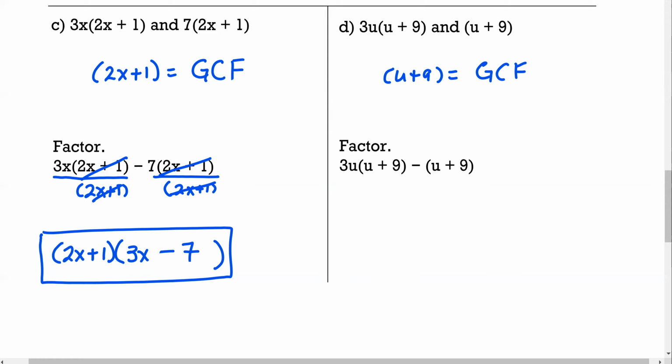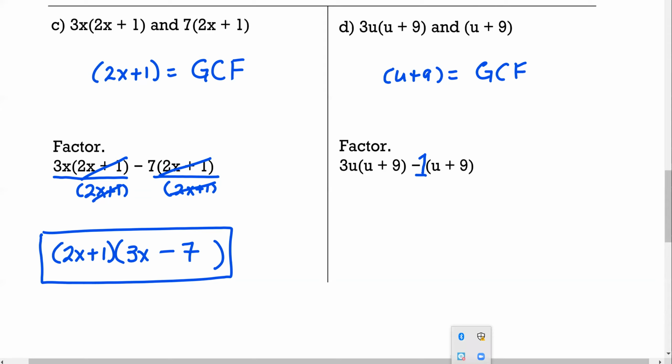Now, you want to be careful here. I like to think about if I don't have a coefficient outside of these parentheses, then assume the 1. If it helps to write it in like I wrote it in, I would recommend you do that.